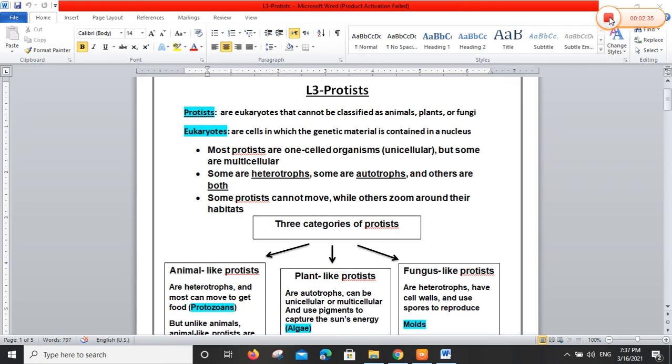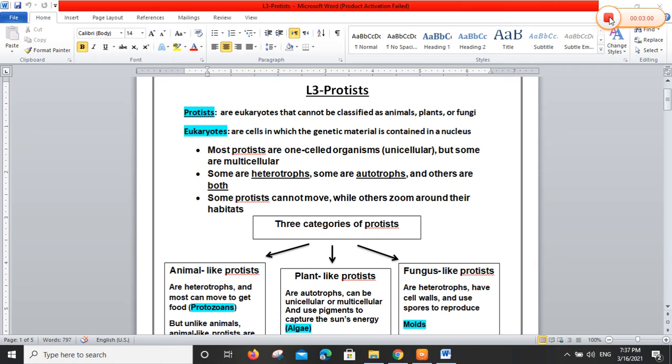The main group, or main phylum, in animal-like protists that move to get food is protozoans. So when we speak about animal-like protists, I mean protozoans. This is an important scientific term, protozoans.